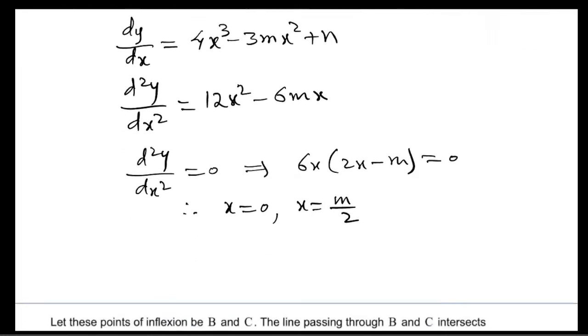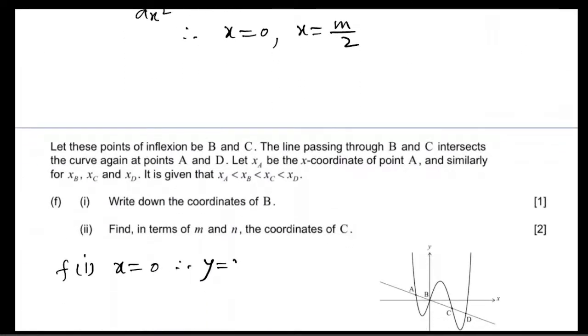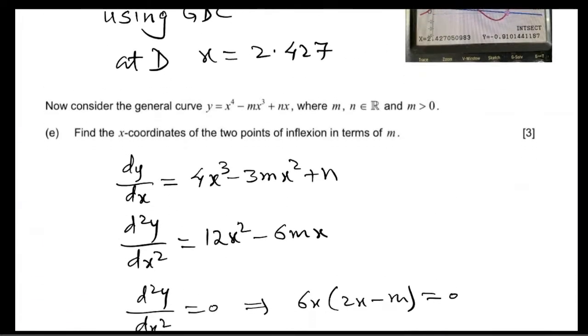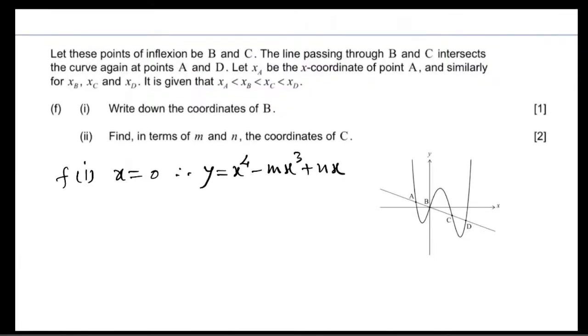The curve is x to the power 4 minus mx cube plus nx, right? So here we have to replace x with 0. So the y coordinate will be 0. Therefore, the coordinates of B are 0, 0.